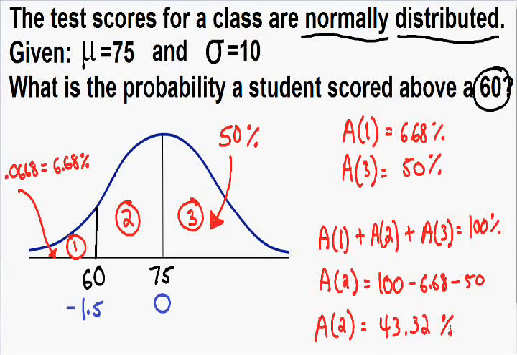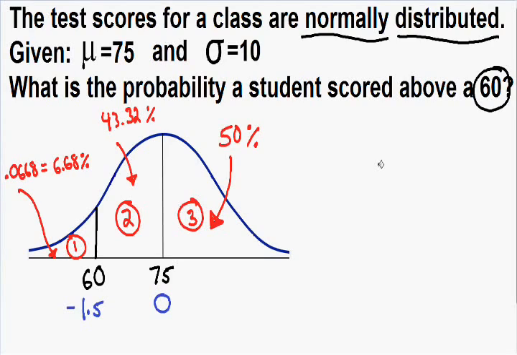So now let's label this on our curve. We know that this area of section 2 is 43.32% of the area under the curve. Once again, I'm running out of space, so I'm going to erase some stuff here on the right.